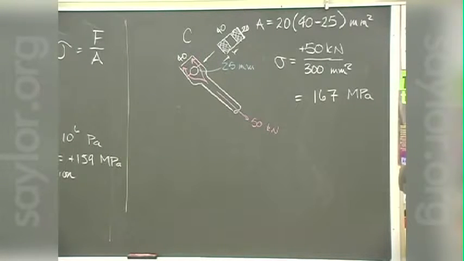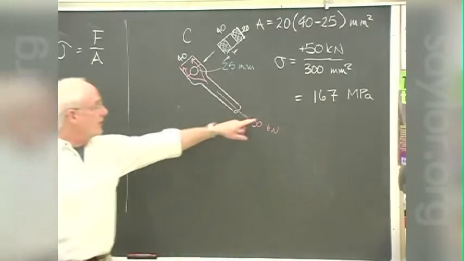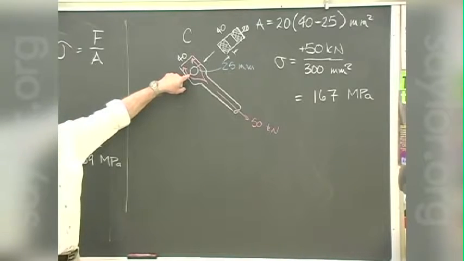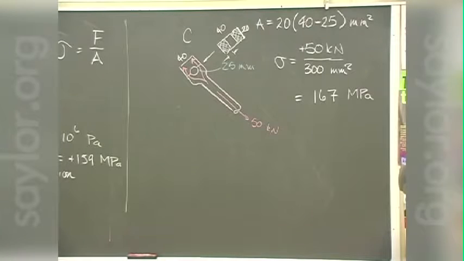So notice that in the center of the piece, we had just under 160. Now we've got somewhat over 160. As a designer, your concern is more now with the end piece withstanding that load because it's under greater stress than is the center of the piece itself.